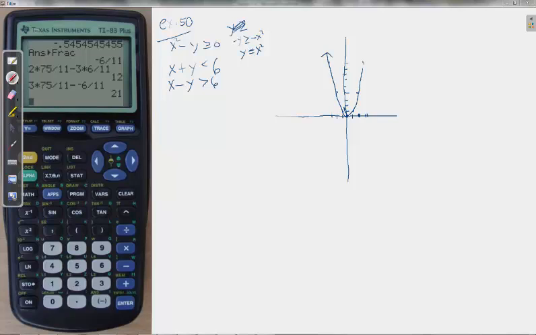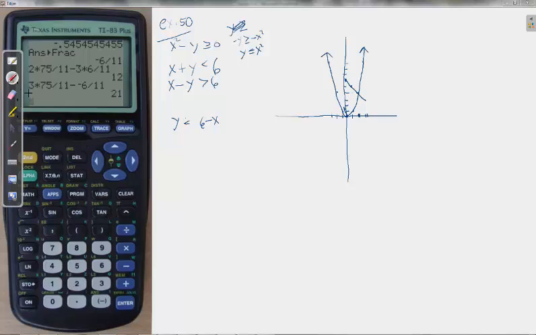Should be a solid boundary. Okay, and then we have y is less than 6 minus x. So 1, 2, 3, 4, 5, 6. So it's downward facing, so it goes down 1 over 1. Down 1 over 1. Well, that's convenient.